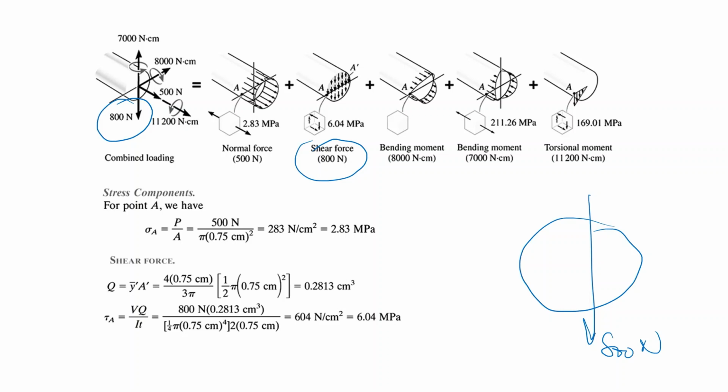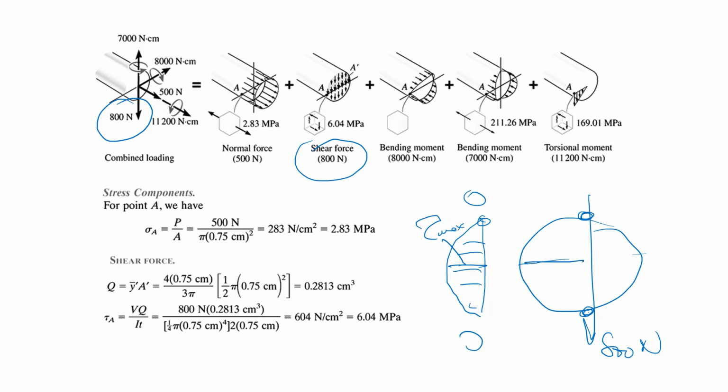And as you see, we know that the stress distribution due to this shear force can be shown like this. On upper and lower ends, the stress is zero. On the neutral axis over here, the shear stress is maximum.